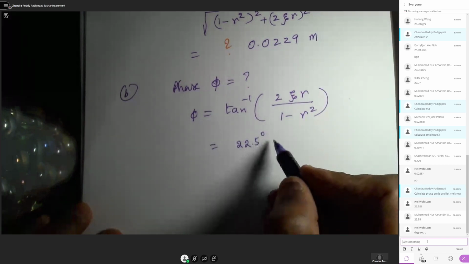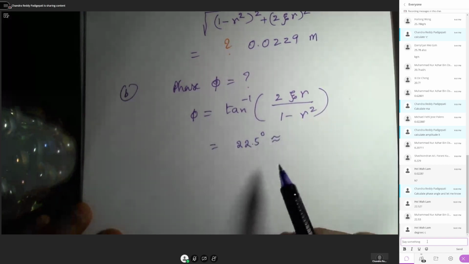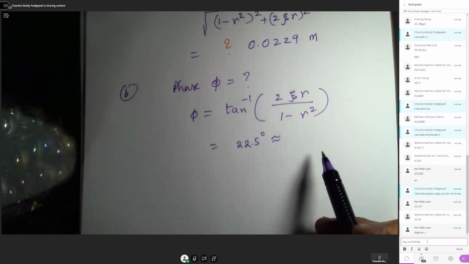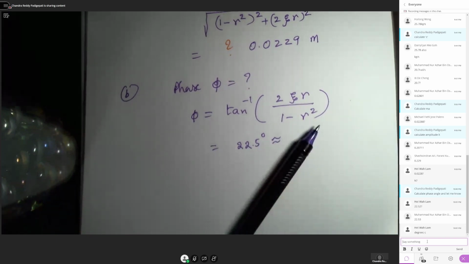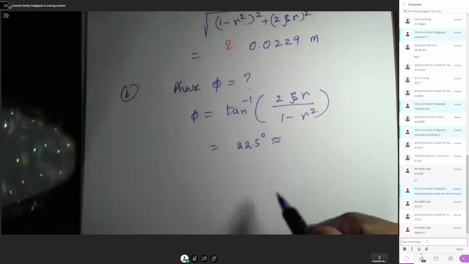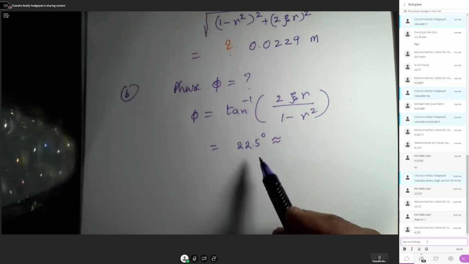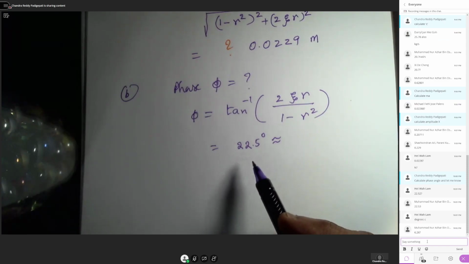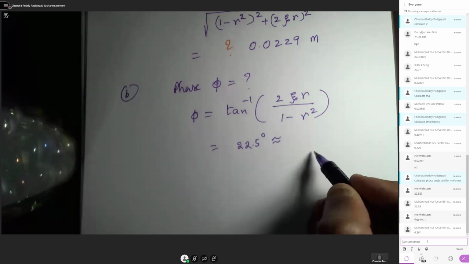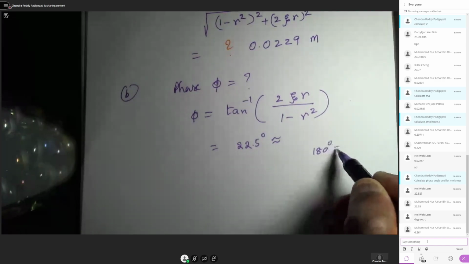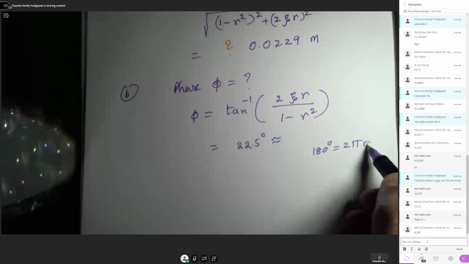You can also give in radians. So this is equal to how many radians? 180 degrees is equal to pi radians.